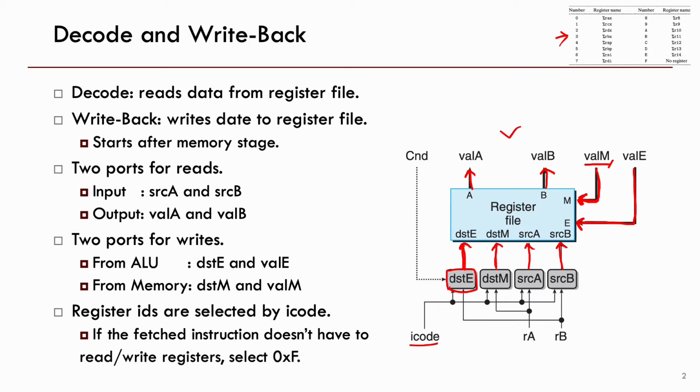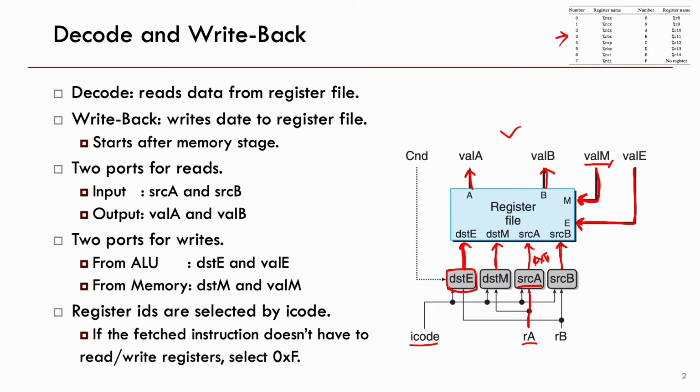So for example, let's say we fetched one instruction that does not need to read rA. Then even though we put in this rA value, source A will output 0xF because we don't have to read.